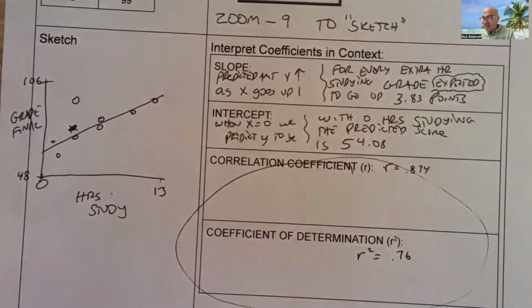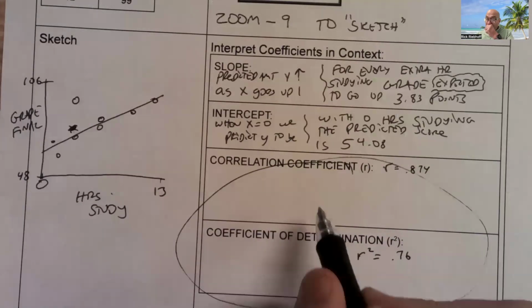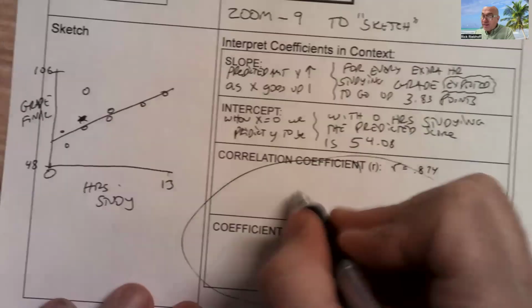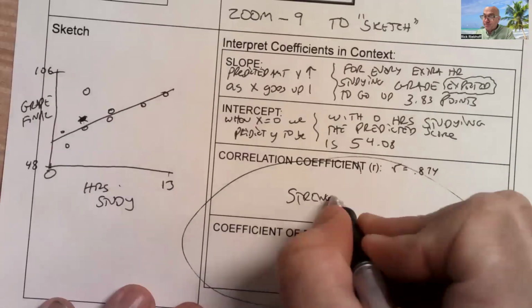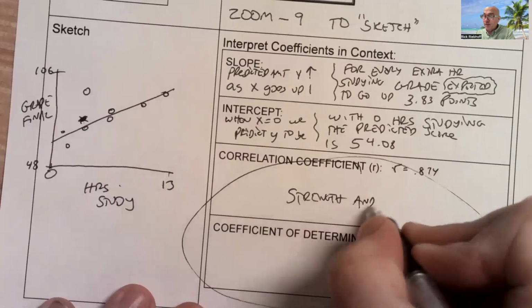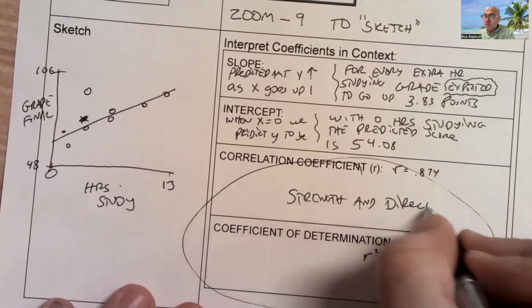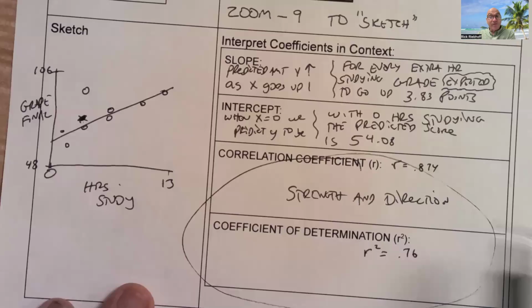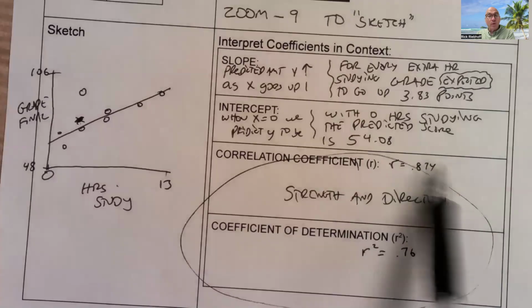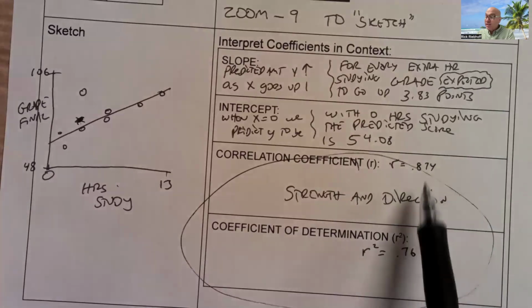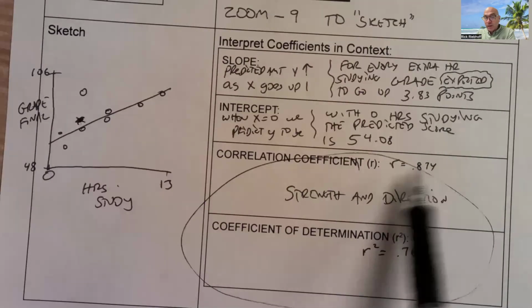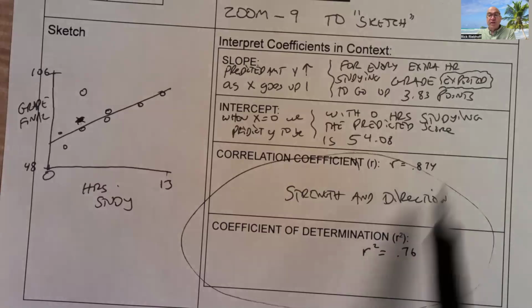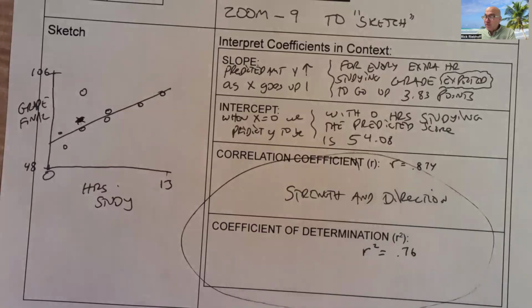If you're in AP Stat at some point, you'll learn what these are. Basically, this one tells you strength and direction. The closer to 1 or -1 you get, the stronger. This is pretty close to 1, 0.87, so that's a fairly strong correlation. The closer you get to 0, the weaker it is.